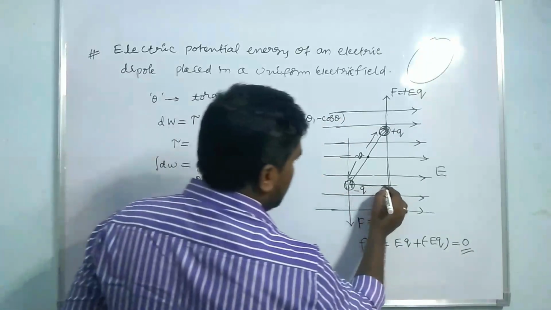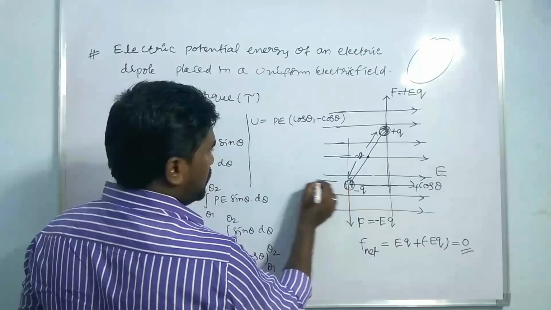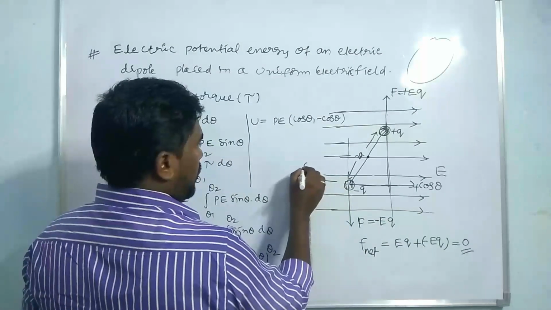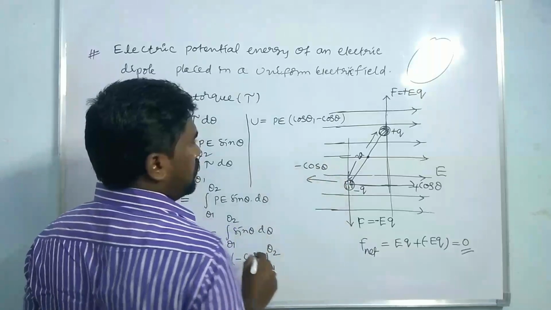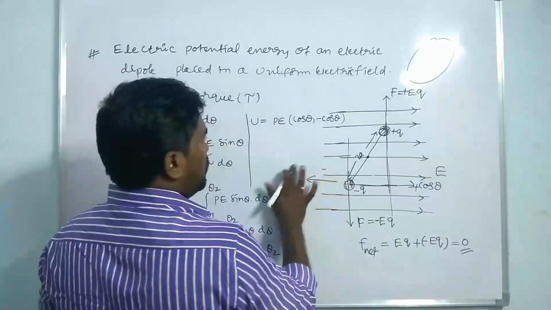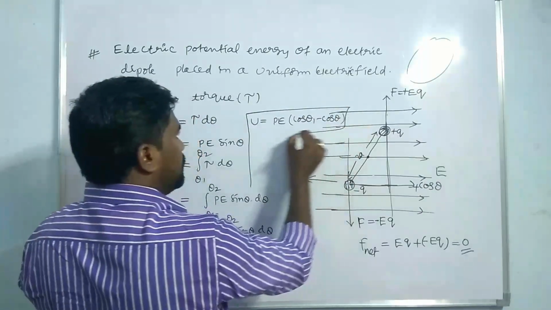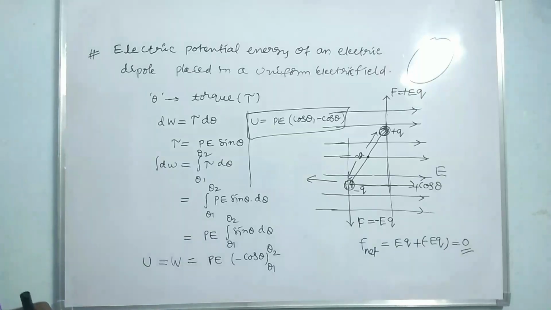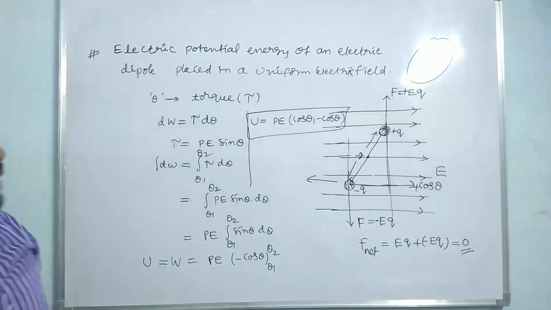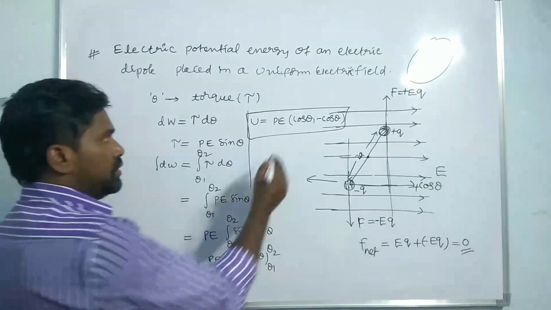So this is the electric potential energy of an electric dipole in a uniform electric field.